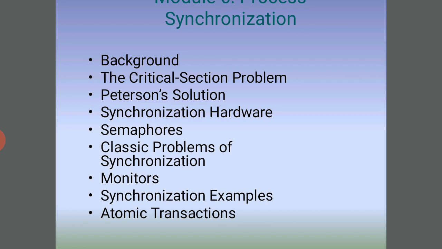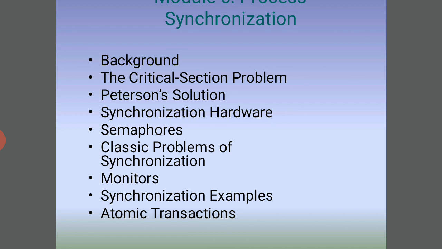So what is hardware? The physical component of the system is called hardware. The critical section problem could be solved easily in a single-processor environment. We could disallow interrupts from occurring while the shared variable or resource is being modified.